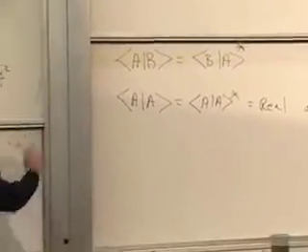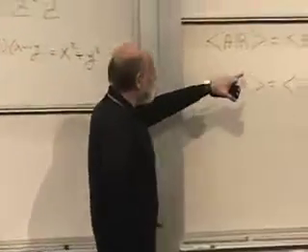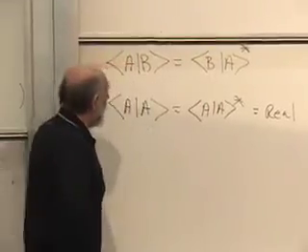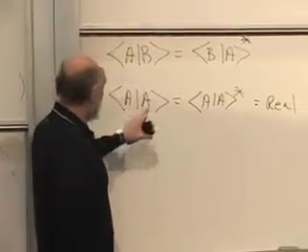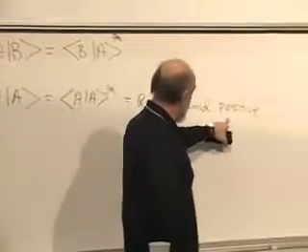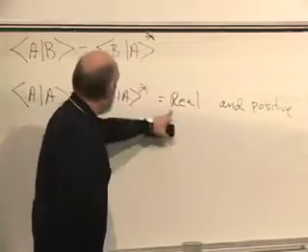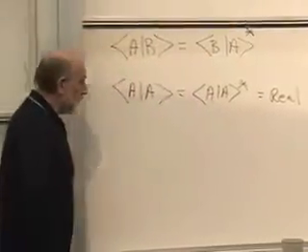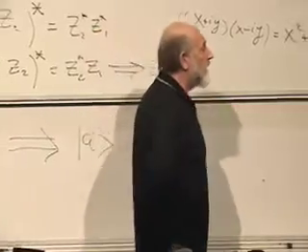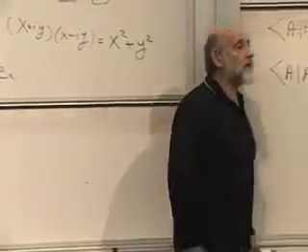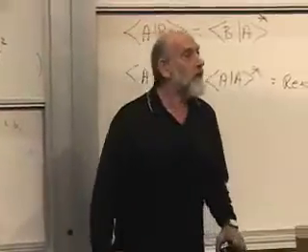When you interchange bra and ket, you complex conjugate. And one more rule, that the inner product of a vector with itself is positive. That it's real follows from the previous one. But positivity doesn't follow from anything.